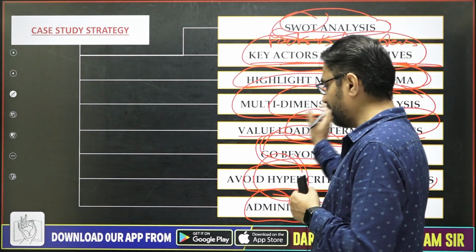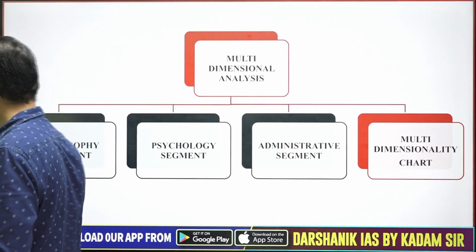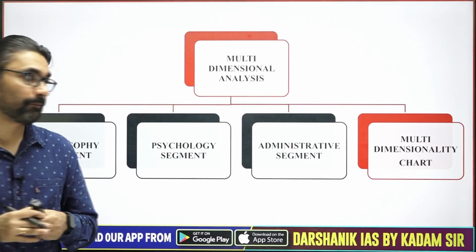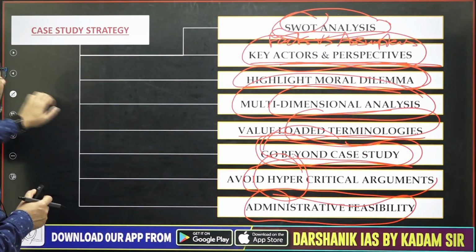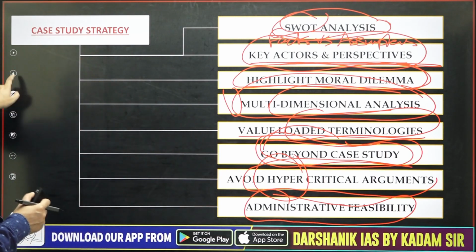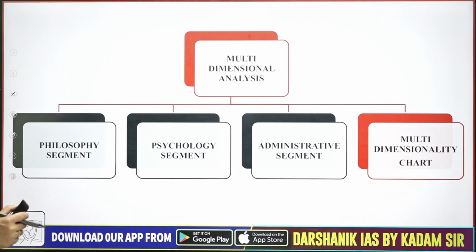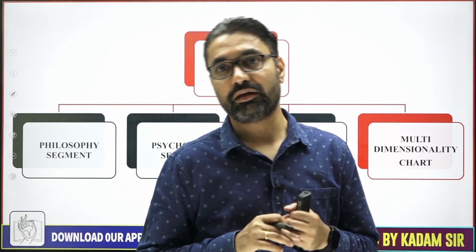So these general tips, guys, guidelines, I just wanted to give you, points you need to remember. Now coming back to this third point that I have mentioned here, multidimensional analysis. So guys, how to do that multidimensional analysis? For that, I told you I will take a different class, a different entire lecture.